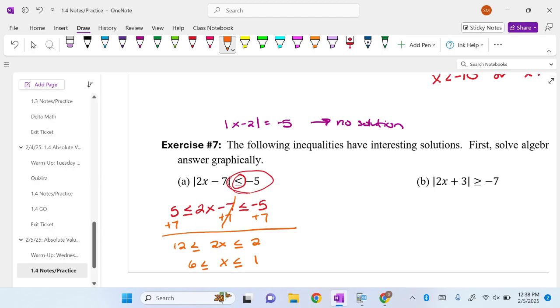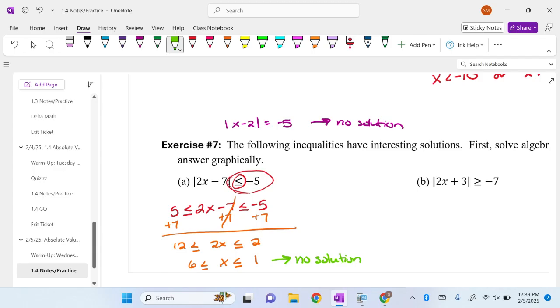So let me ask you guys this. Is it true that x can be less than or equal to 1, but greater than or equal to 6 at the exact same time? So is it true that from left to right, your x value could be between 6 and 1? From left to right. So if you read it from left to right, is it true that between 6 and 1? No. So in this case, we have no solution because it's impossible.